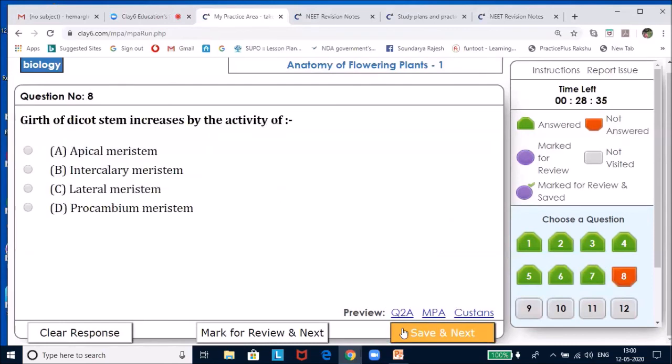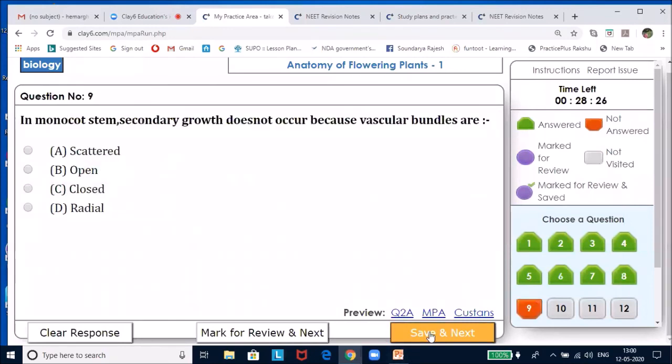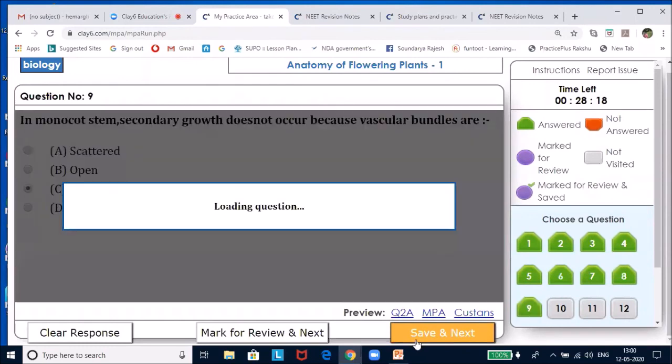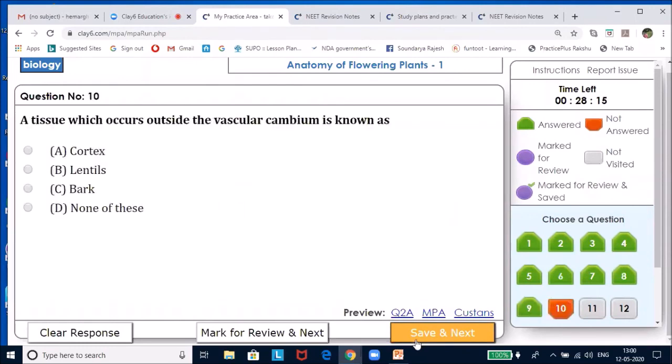Girth of dicot stem increases by the activity of the lateral meristems. In monocot stem, secondary growth does not occur because vascular bundles are closed. A tissue which occurs outside the vascular cambium is known as bark. While explaining, I told you the tissues that are present outside the vascular cambium are known as the bark.